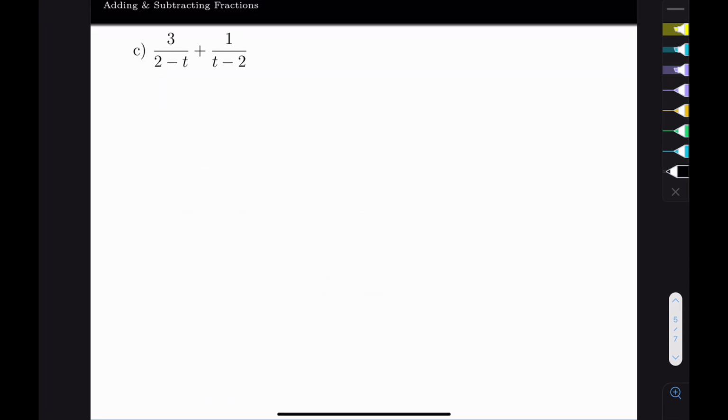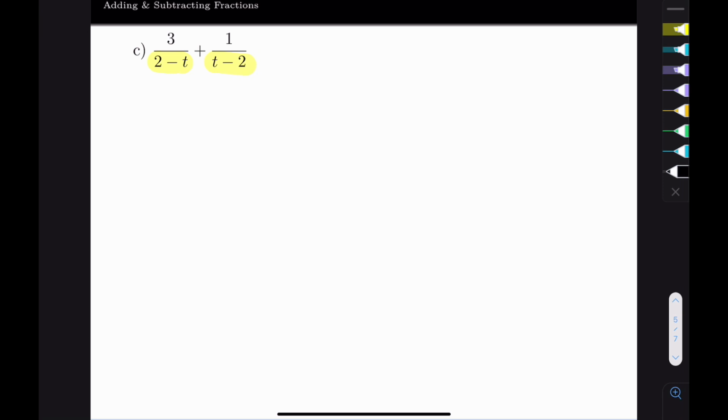Now let's try some harder problems. For this next one, we have 3 over t minus 2 plus 1 over 2 minus t. Unfortunately, these denominators are not exactly the same, so I've got to do something to make them the same. If you remember back in our other video, these are the same, but just opposite signs of each other. So I don't need to multiply each expression by something.